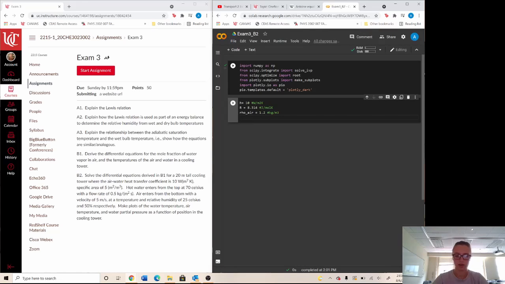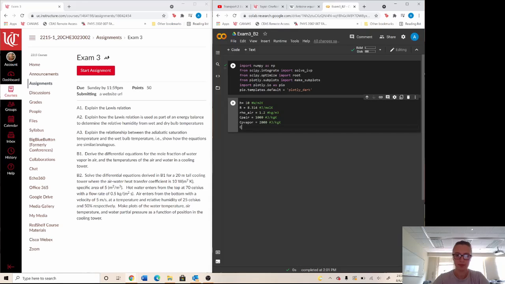And then the heat capacities of everything. So the heat capacity of air is equal to 1,000 joules per kilogram Kelvin. Heat capacity of water vapor is equal to 2,000 joules per kilogram Kelvin.